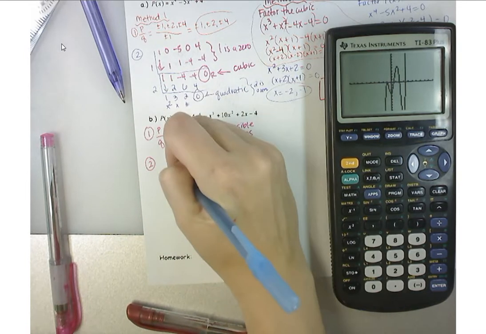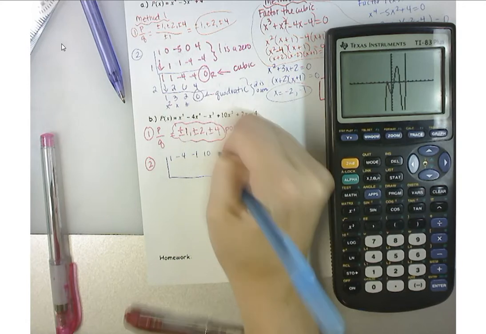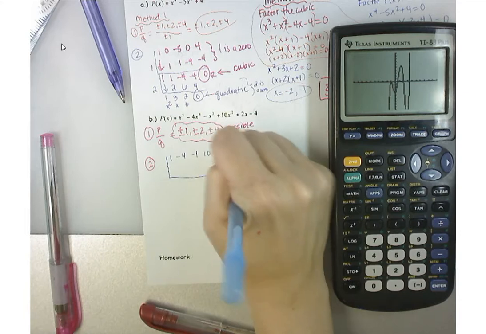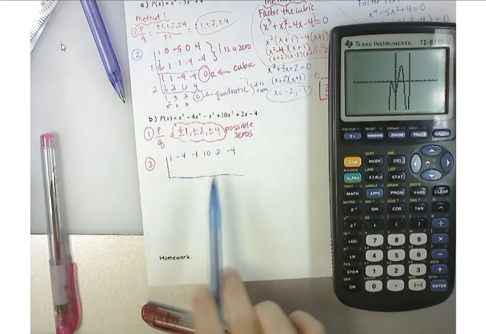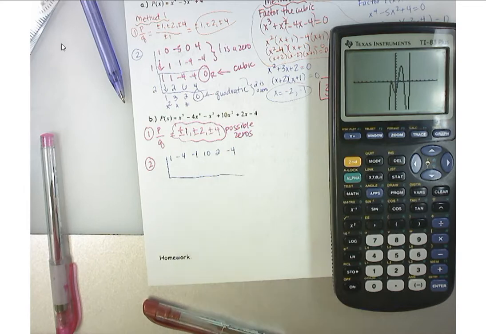And I don't have any missing coefficients here, so that's going to make my synthetic division setup quite nice. Be careful when you have two-digit numbers. Make sure that you give yourself enough space so you don't treat them as 1 and 0.